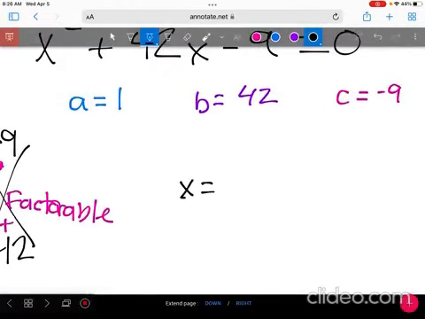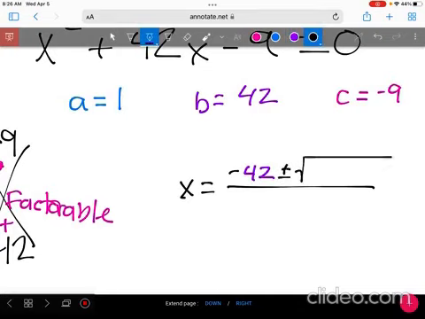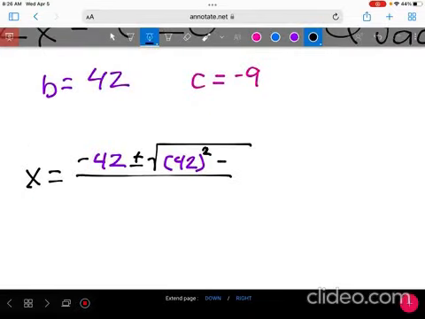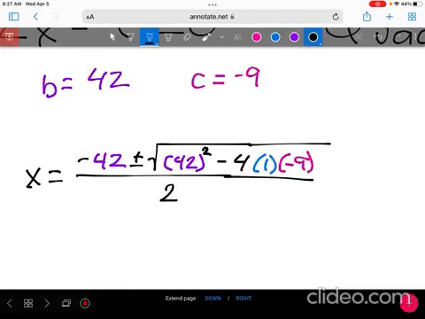X equals the opposite of b, negative 42, plus or minus the square root of b, 42 squared, minus 4 times a times c, divided by 2 times a.